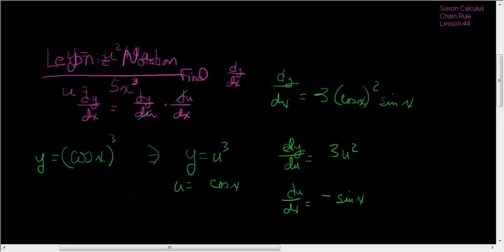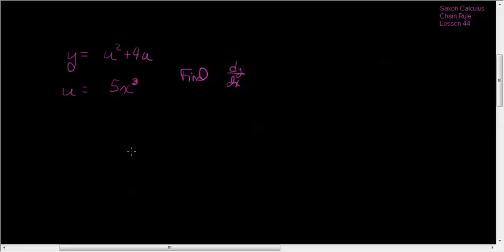Let's look at example 44.1. Using Leibniz notation, y equals u squared plus 4u and u equals 5x cubed, we're asked to find dy/dx. What was the derivative of y with respect to u? dy/du is simply going to be 2u plus 4.